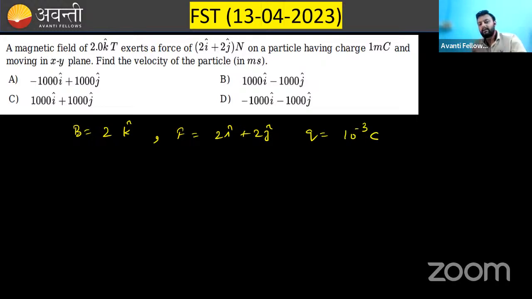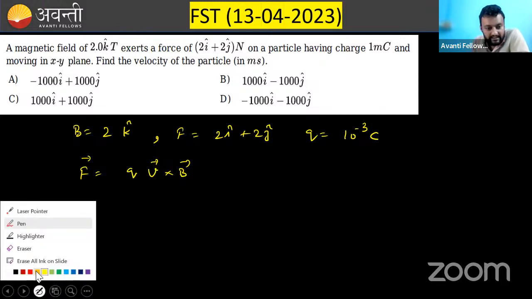Find the velocity of the particle. So which formula should we use? You know that force on a moving charge is F is equal to Q V cross B. Is it clear? This is the formula that we have already studied.